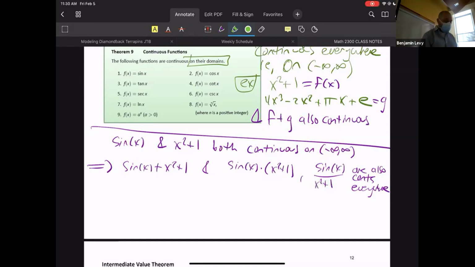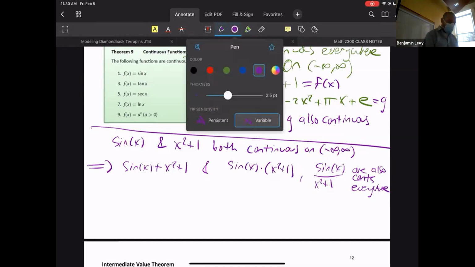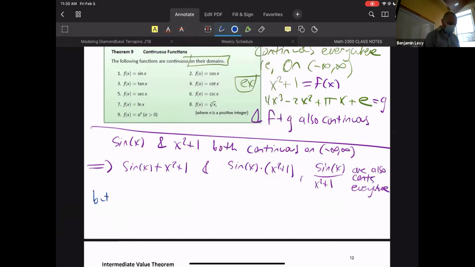But if we did something like this, let's switch it around, x squared plus 1 over sine. Now we have to be careful about the denominator because sine is sometimes 0, right? That thing is continuous everywhere except wherever sine is 0.